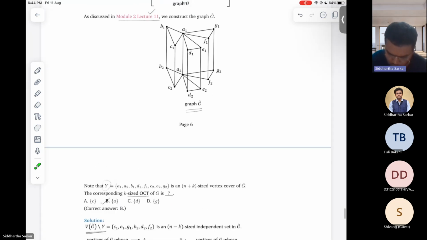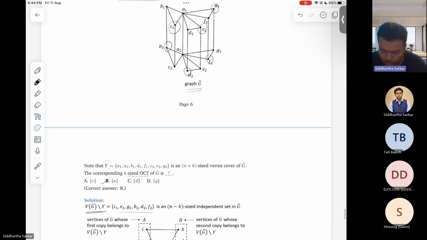We are left with C1, E1, G1, B2, D2 and F2. Fine.